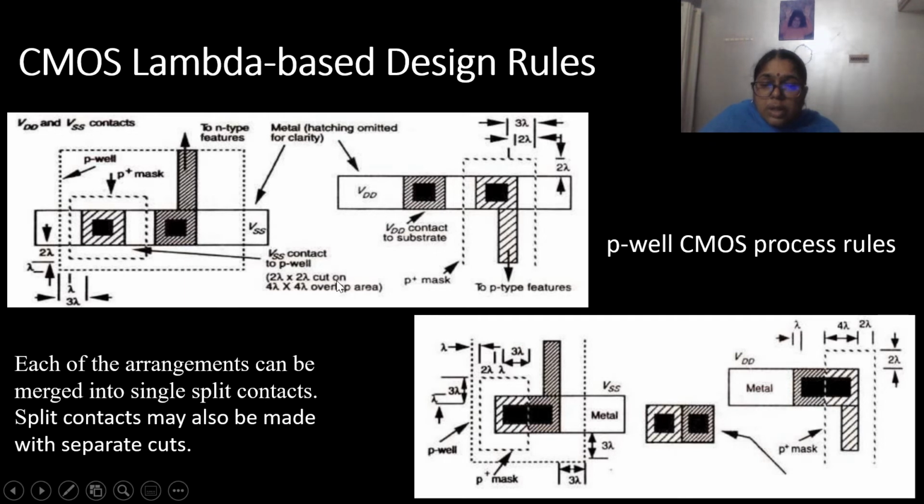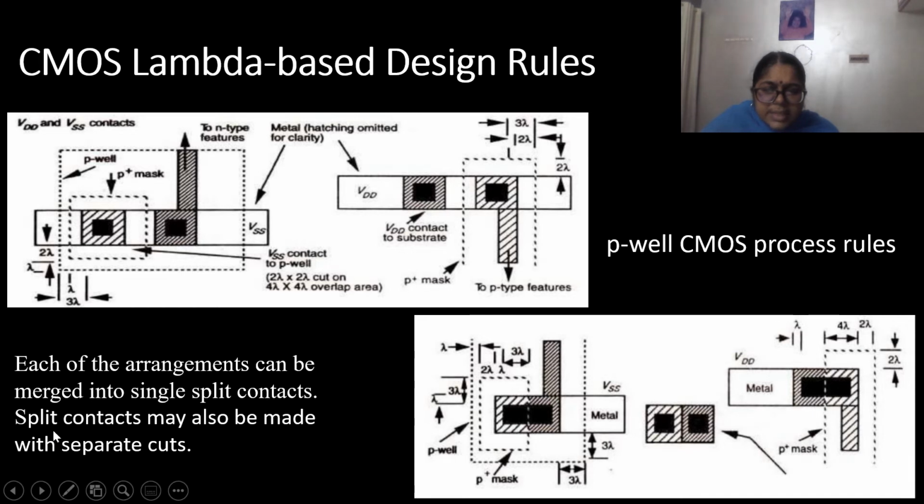A 2 lambda cross 2 lambda contact cut in a 4 lambda cross 4 lambda overlap area for the contact cut has to be made. Each of the arrangements shown here can be merged into a single split contact. You can see here these two together can come closer together or be merged together to form a single split contact.